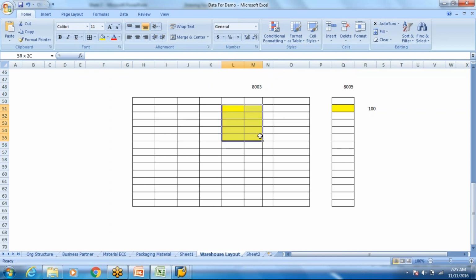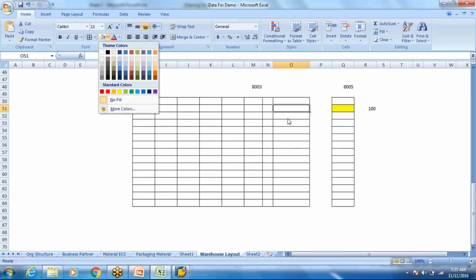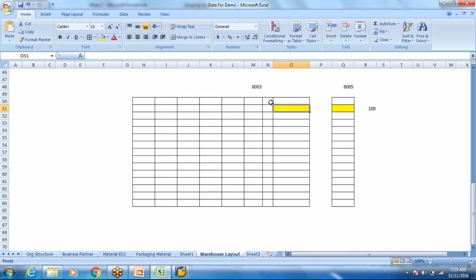So the pallet which comes, 1000 pieces, should not be stored here or in the corner. It should ideally be stored somewhere like this. These 1000 pieces should be stored somewhere close to the storage type. Like first one should be stored here, second one should be stored here, third one should be stored here. So that it's easy to replenish also, right?